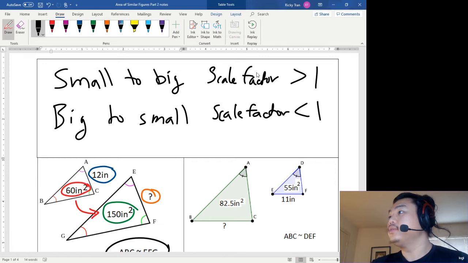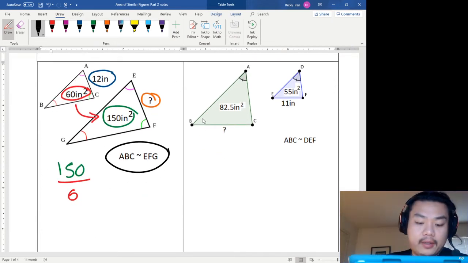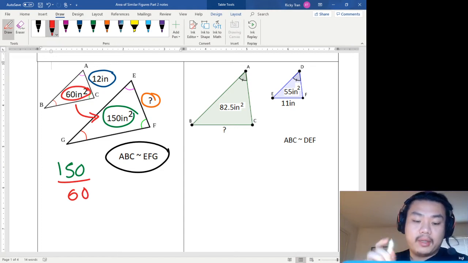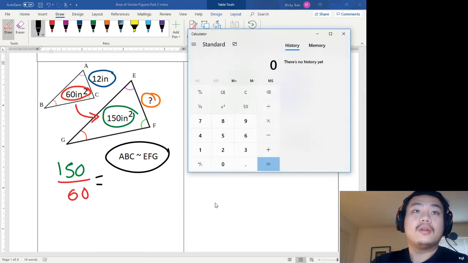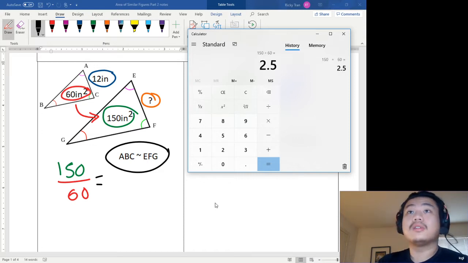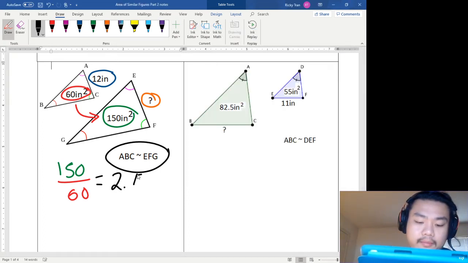Okay? All right. So back to the question, we have 60 because it's small to big, so your scale factor should be greater than 1. If we take this and drop it in a calculator, we have 150 divided by 60, or 2.5. Okay, so 2.5.